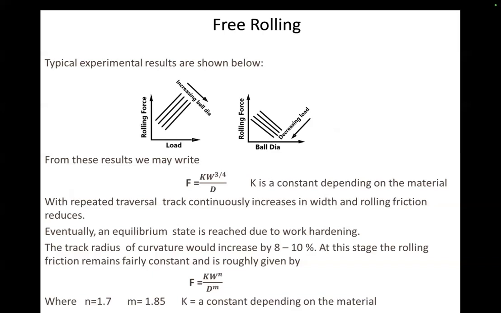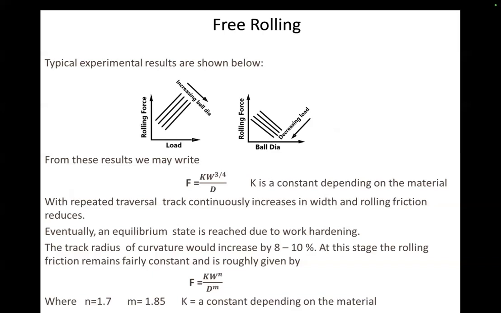As we said earlier, with repeated traversal, the track increases continuously and the rolling force reduces. But there is a limit to this. After some point, the increase in groove track slows down. There may be many reasons, but one of them is work hardening.